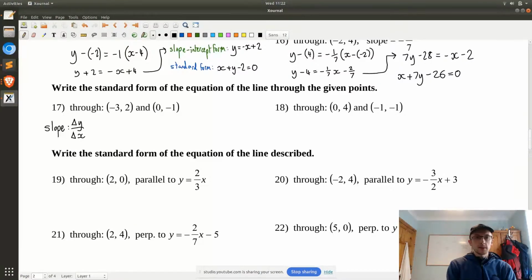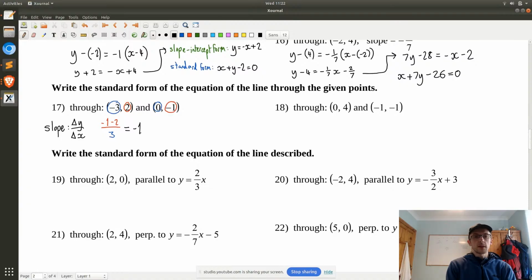What do I mean? I mean -1, -2. That's the change in y. What's the change in x? 0 minus 3, which becomes 0 plus 3. So it's just 3. So -3 over 3, which is -1.